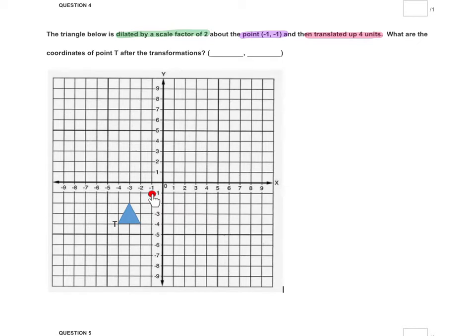Here we're going to take into account that our center is at -1, -1. The first thing that we want to do is dilate by using our scale factor. So step 1, we want to dilate. But the key to this, remember, if your center is not at the origin, technically you have to count to see how much you would have to move.